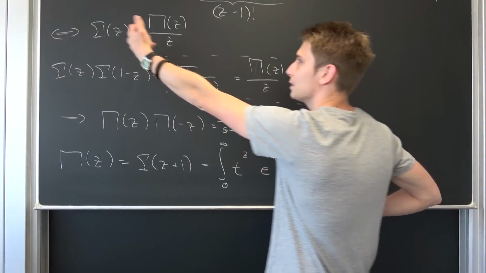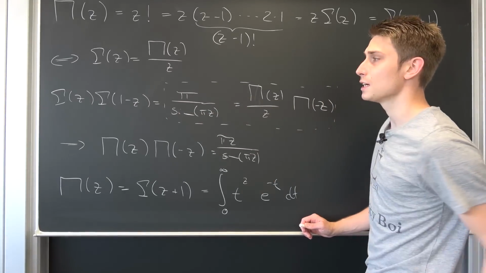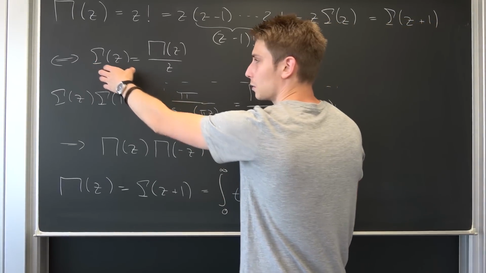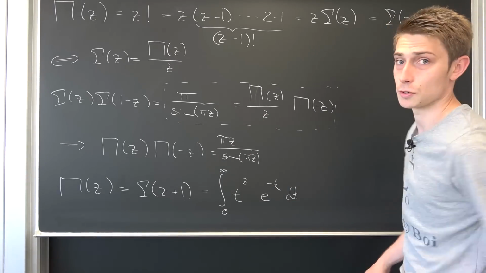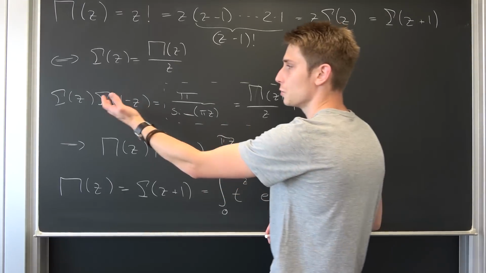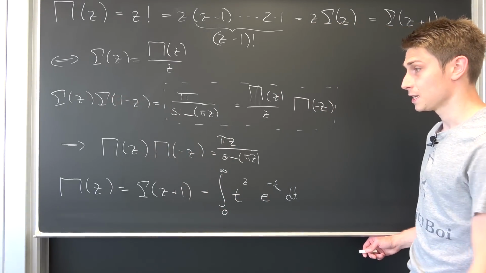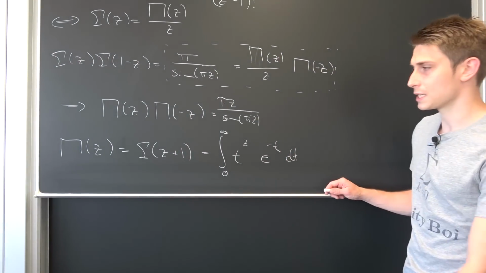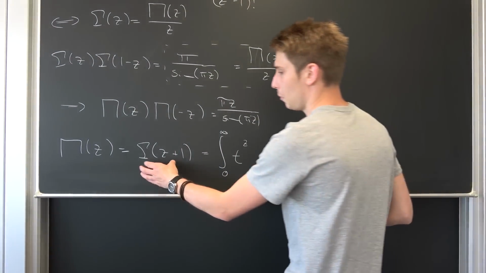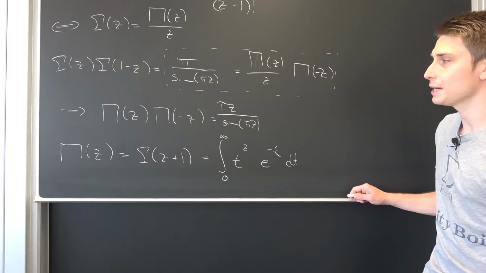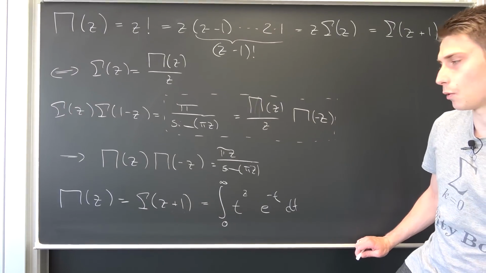I mean, if it weren't too convenient to use the gamma function, I would definitely be into using the pi function, but I'm just too used to using the gamma function right here. So this is our integral representation, so no need to use our boy gamma of z plus 1 anymore. We can just use our pi function.